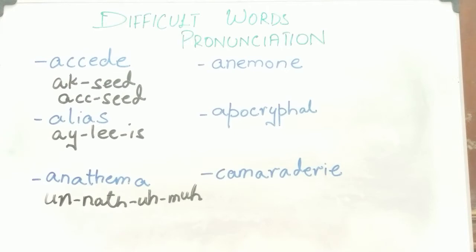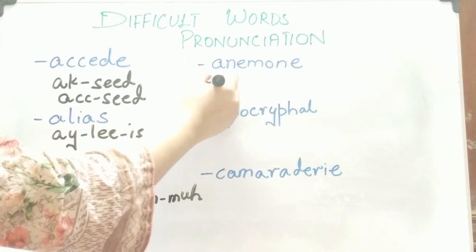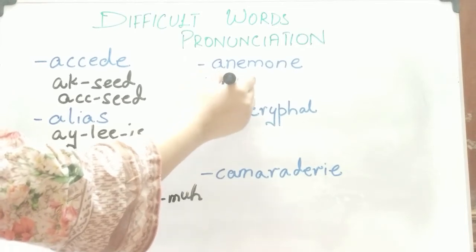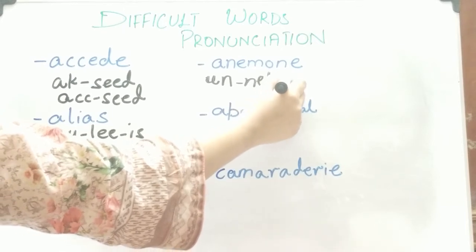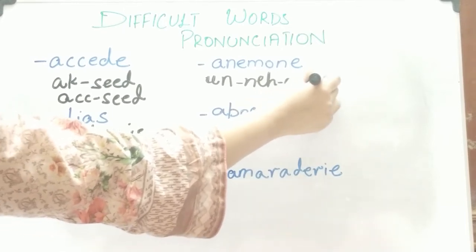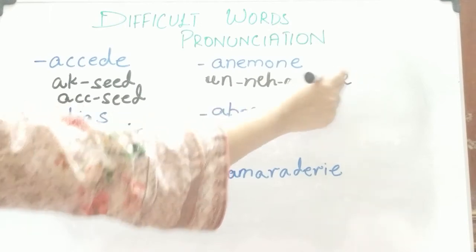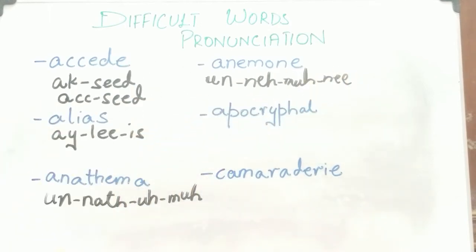So these are flowers that contain dark colors. Let me write it over here. So repeat after me. Anemone. Okay, I hope these are all clear. Let's move on to the next one.